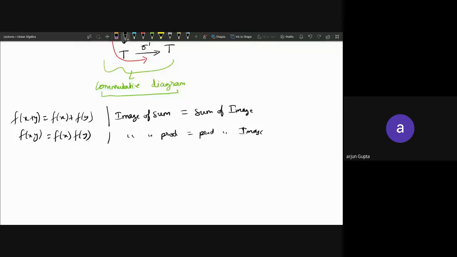Let's say image of product is product of image.